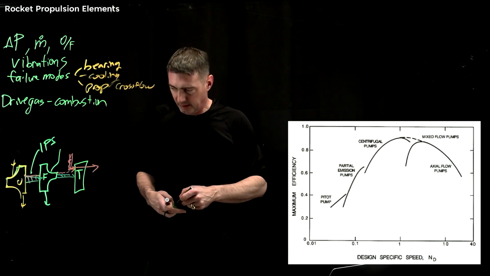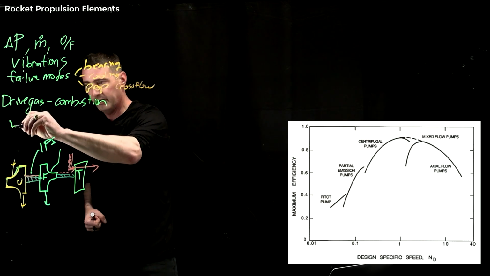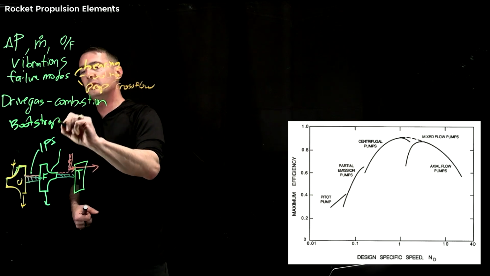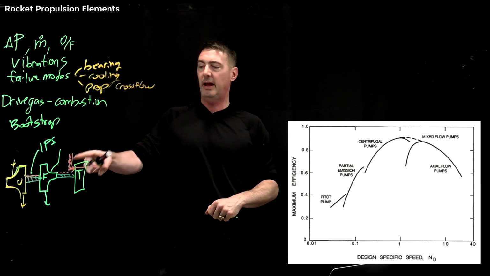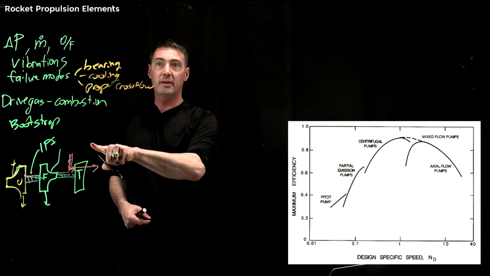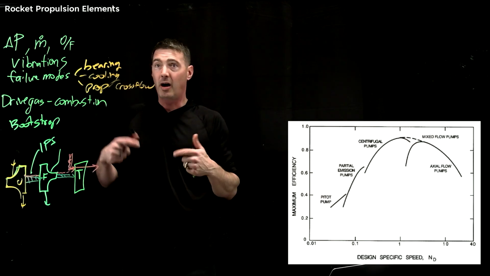Okay. There's also a lot that goes into the bootstrap process. What bootstrap means is at first you don't have combustion gases, because whatever you're driving this, whether it's a gas generator or a staged combustion, that's not operational yet.